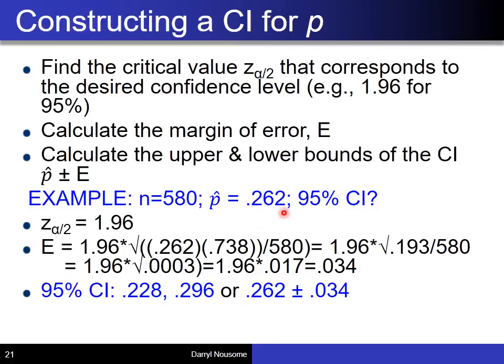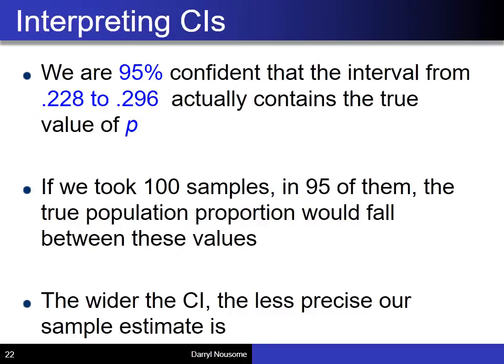So you can see that our point estimate falls right in the middle of 0.228 to 0.296, that value of 0.26, okay? Or you can give that as 0.26 plus or minus the margin of error that you're calculating. So what does this mean?